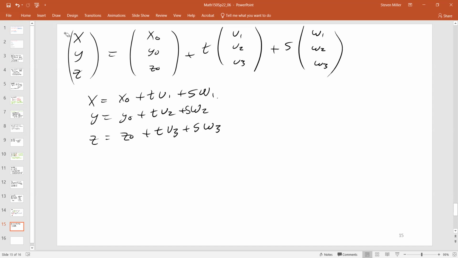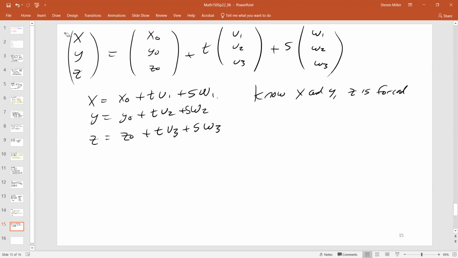So it all comes down to what are your free parameters. So we have to have two free parameters. Once I tell you x and y, is z determined? If we know x and y, do we know z? Has to be, right? This is a two-dimensional object. Once I give you x and y, z has to be determined. So if we know x and y, z is forced.